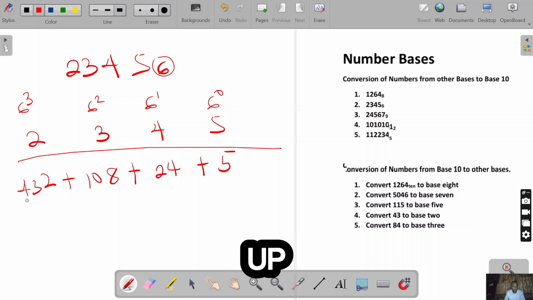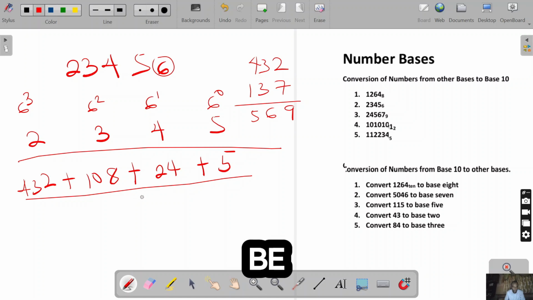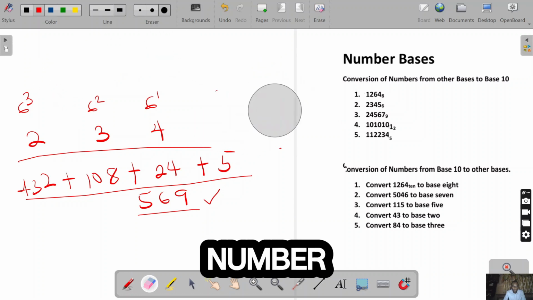So you just add this up, and that gives you the answer. 29 plus 137, that's 166. So we have 432 plus 137, and that will give me 569. 569 base 10, but you don't need to write base 10, just 569. That should be the answer. That's the answer, 569. So the next number.